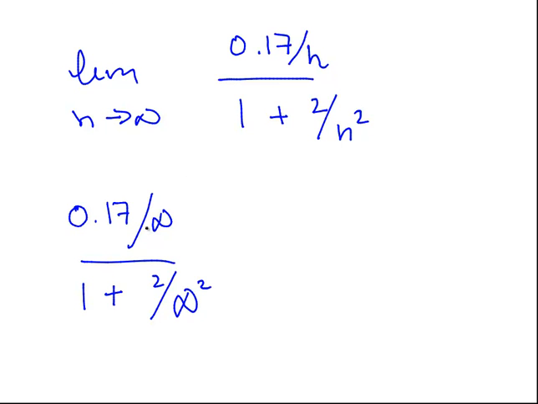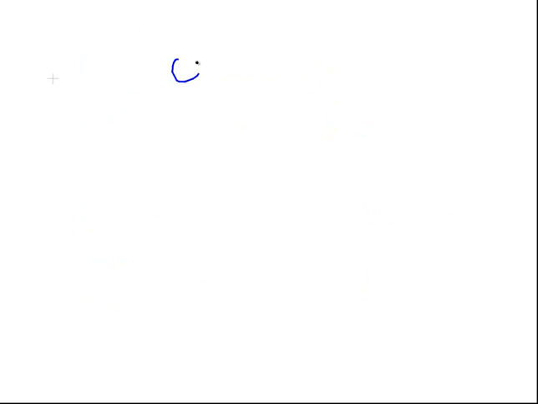0.17 divided by infinity: anything divided by infinity is treated as 0, and likewise 2 over infinity squared is treated as 0. So essentially what we have is 0 over 1 plus 0, and that's equal to 0.